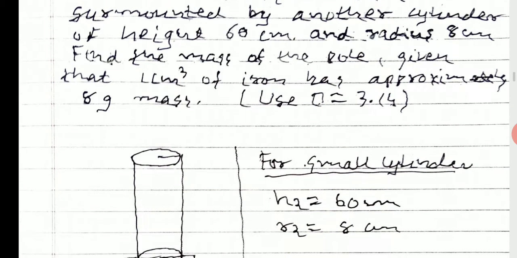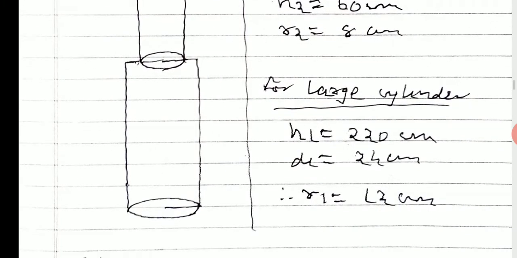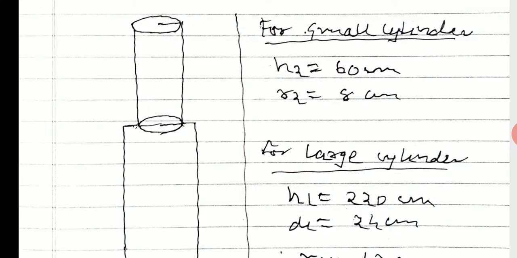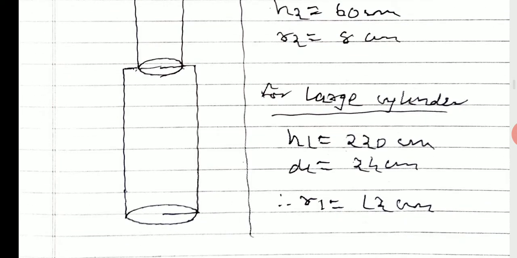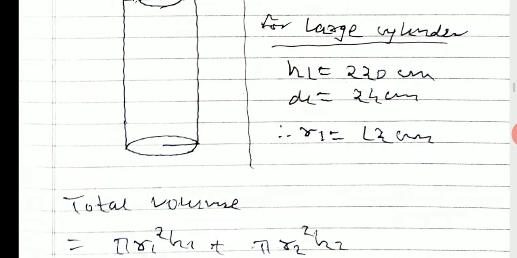Use pi equal to 3.14. Now here in figure, larger cylinder and smaller cylinder are shown. For smaller cylinder, we will write down R2 equal to 8 cm, H2 60 cm, and for larger cylinder, we will write down H1 220 cm, D1 24 cm, then R1 radius will be 12 cm.